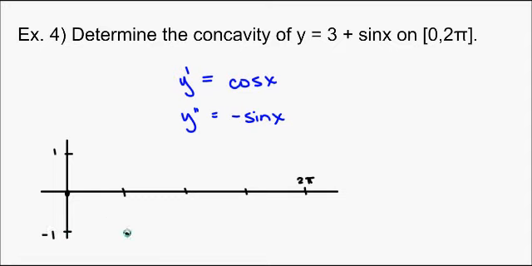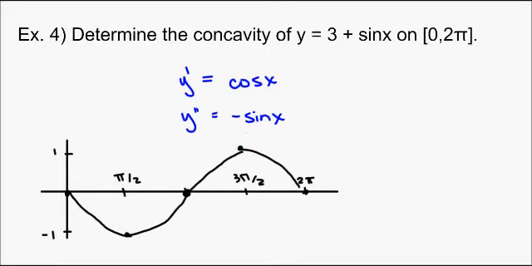So I'm going to have a point here at pi over 2, comma negative 1. Okay. So this is negative sine x, but with a smoother curve. It's good enough to see the sign though, which is what we really need.